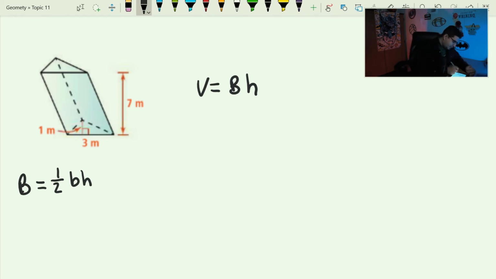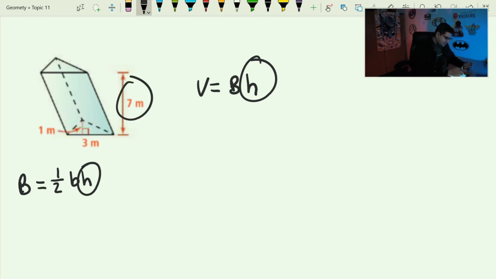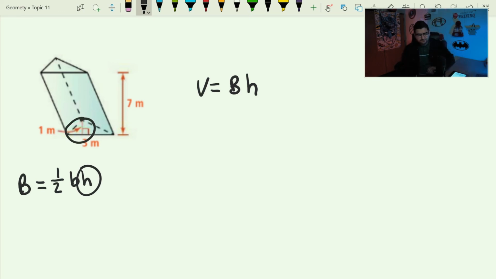First, I can already see that this H over here is not the same H down here. These two H's are not the same. The H for the volume is the height of the actual prism, which is 7. The H for the area of my base is the height of the triangle on the bottom.